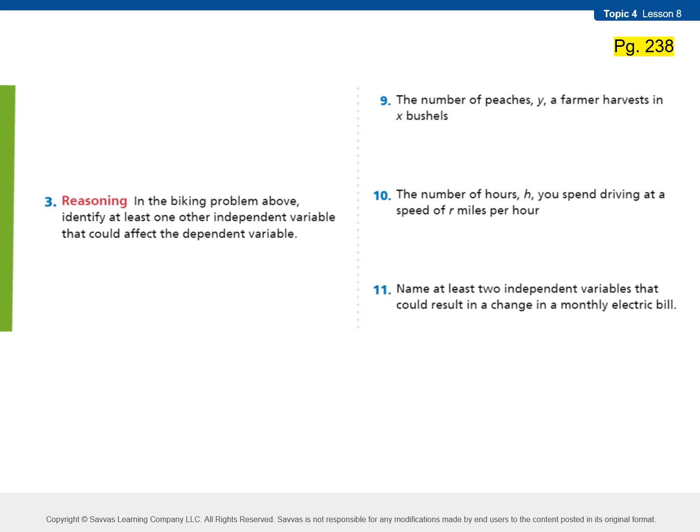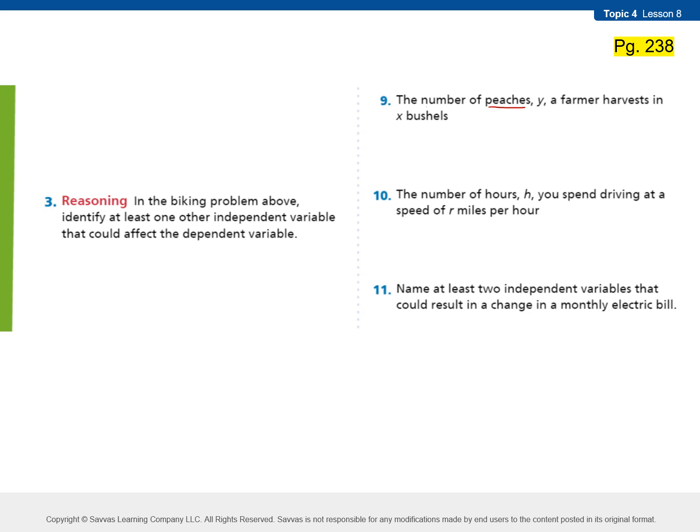Look at number 9. The number of peaches Y a farmer harvests in X bushels. Okay, so which one of these is depending on the other? Which one's going to have the biggest change?